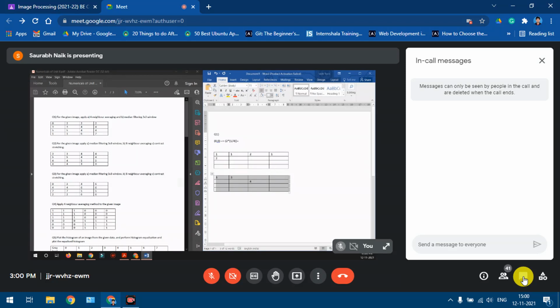Okay, what you all can do is just solve these, at least these two, that is median filtering and the first two questions. Okay, I'll be online. I just have some other designing work to complete. I'll side by side try to do this. If y'all are having any questions, any particular numerical you want me to solve from this, just let me know. I'll solve it here. Okay.